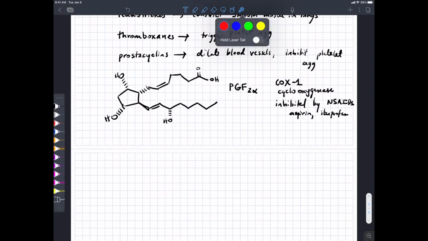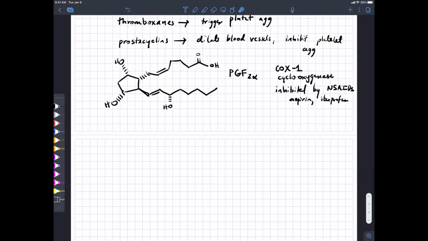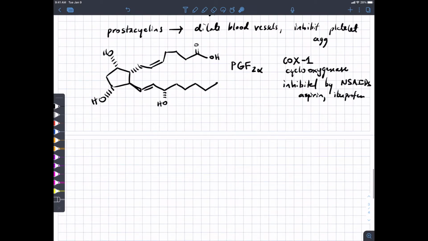So where does BYU come into all of this? Well, in the late 80s, early 90s, Professor Dan Simmons in our department, he was in the biochemistry area, his lab discovered a second variant of COX-1, which they called COX-2.